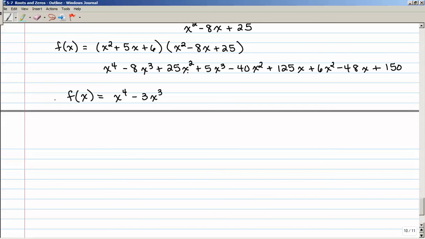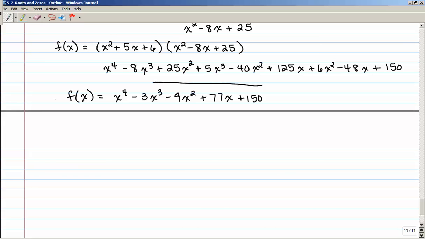Is that right? Yep, 25x squared. So that's going to give me a negative 15 plus 6 gives me a negative 9x squared. And my plain old x's, I subtract there, that's going to give me a positive 77x and plus 150.